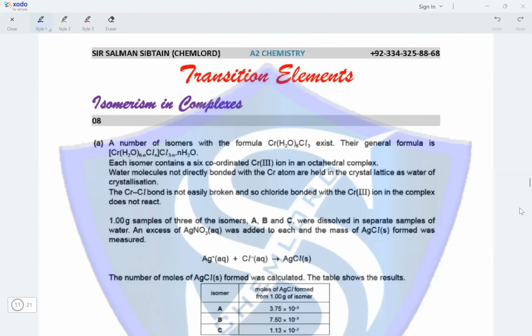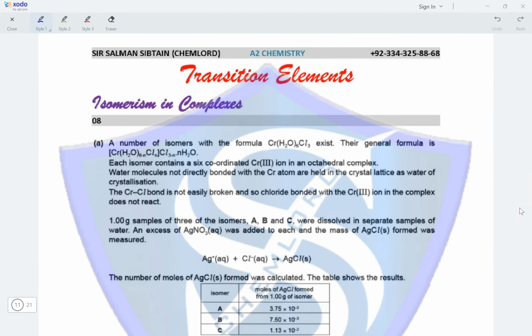Question 8. A number of isomers with the formula CrH2O6Cl3 exist. The general formula is [Cr(H2O)6-n Cln] Cl3-n dot nH2O. Each isomer contains a 6 coordinated Cr3+ ion in an octahedral complex. Water molecules not directly bonded with the Cr atom are held in a crystal lattice as water of crystallization.